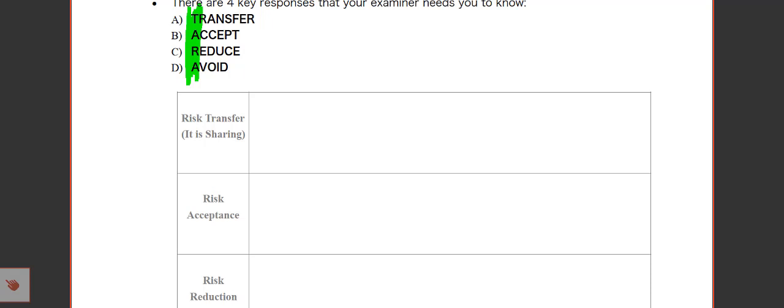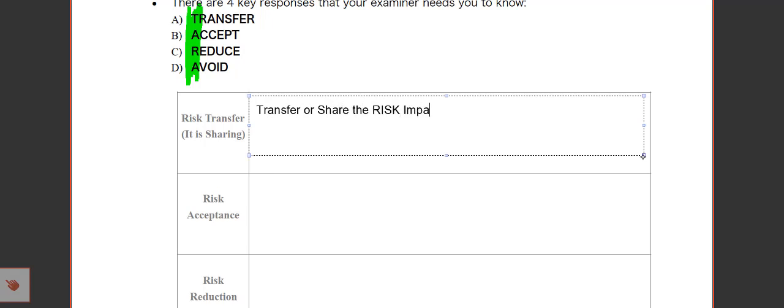Now, what do you mean by risk acceptance? Maybe I will start from risk transfer. Risk transfer or sharing is to transfer or share the risk impact to a third party. How do you share your risk impact?